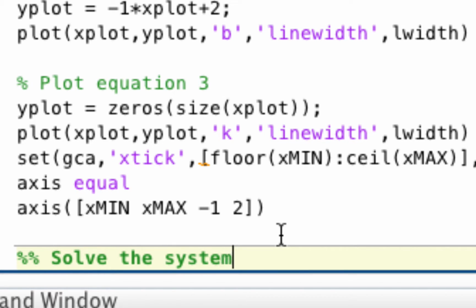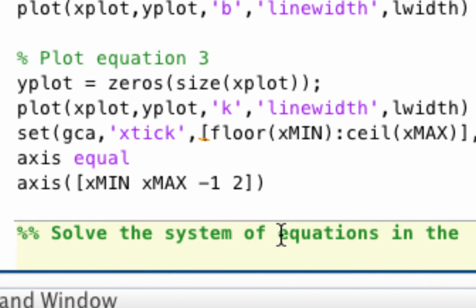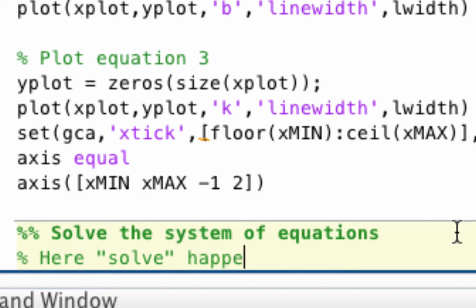Solve the system of equations, solve happens in the least squares sense.